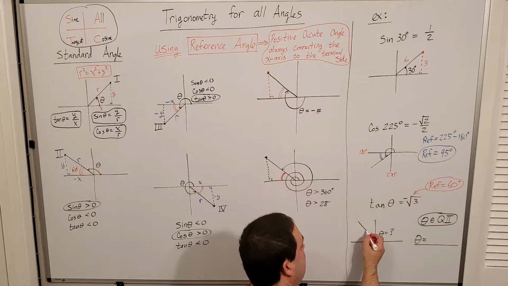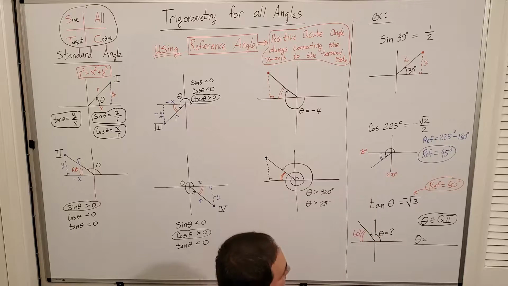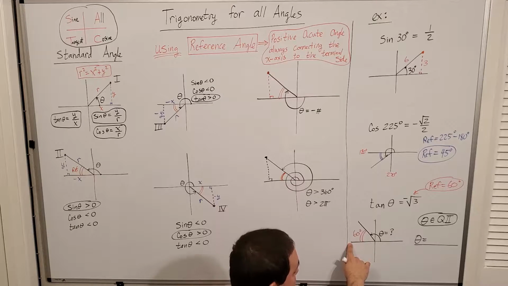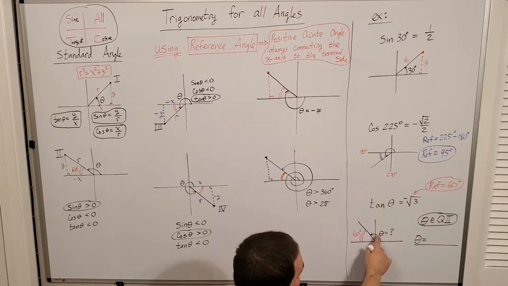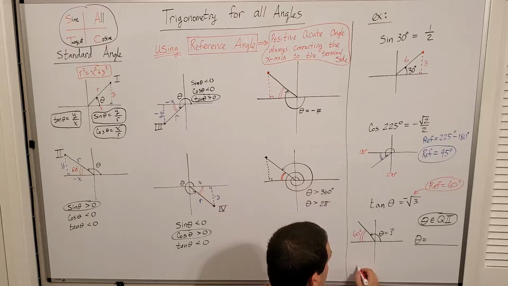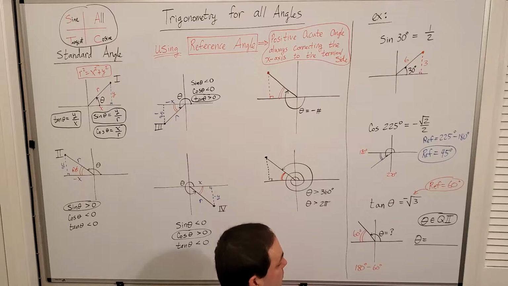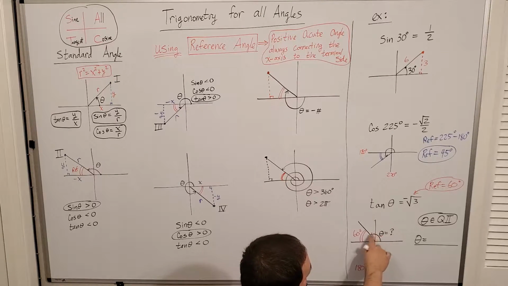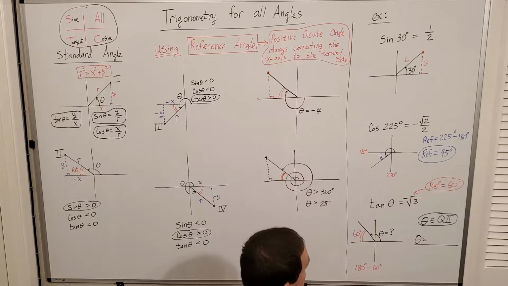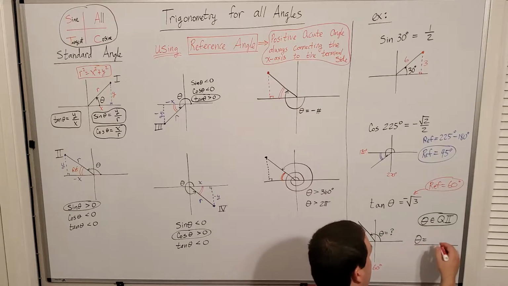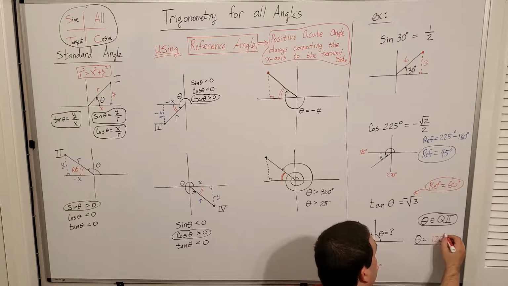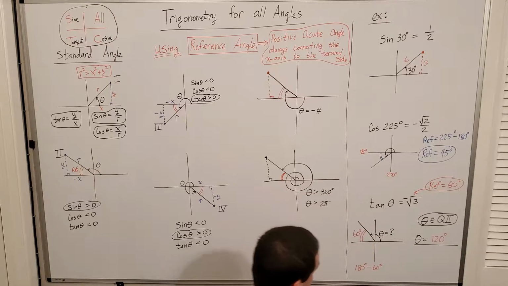Well, that means this right here is 60 degrees. So since this is 180 degrees, then theta is the other portion over here. I'm just going to do 180 degrees minus the 60 degree reference angle, and it's going to give me the other portion here. So 180 minus 60, theta is equal to 120 degrees.